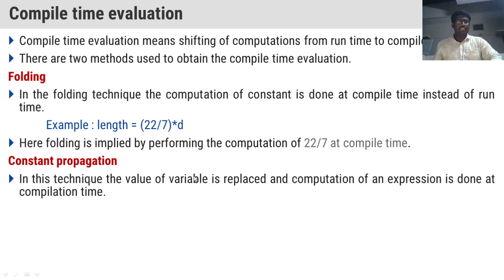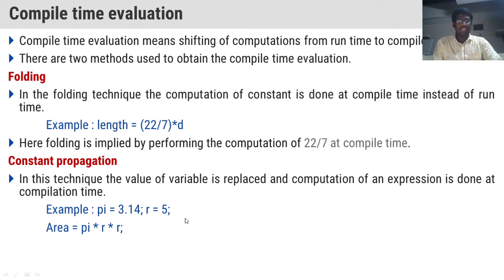Let us understand this constant propagation. Here, the value of a variable is replaced and a computation of an expression is done at compile time. Let us see the example. Pi value is 3.14, r equal to 5 we have taken, and the area formula is pi into r.